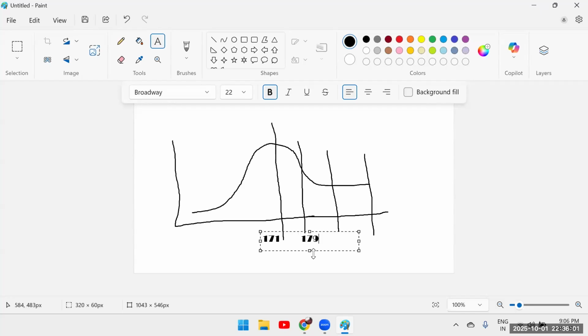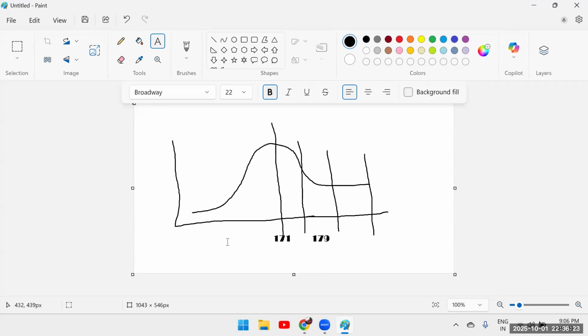Which means it is within one standard deviation only, we can say. So it is not that high, right? It can be before also, so it can be 171 plus or minus 8.75.